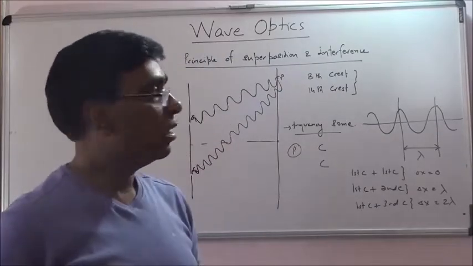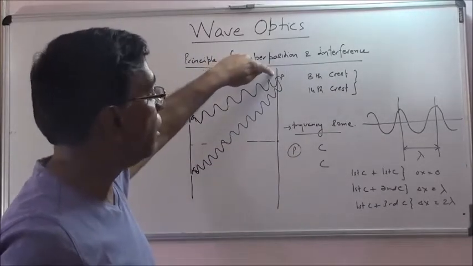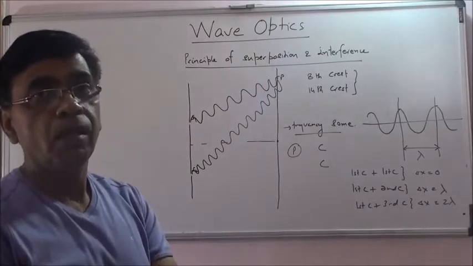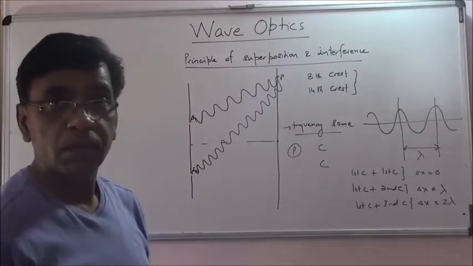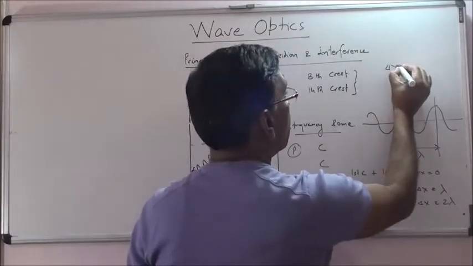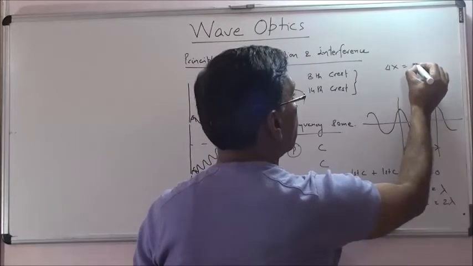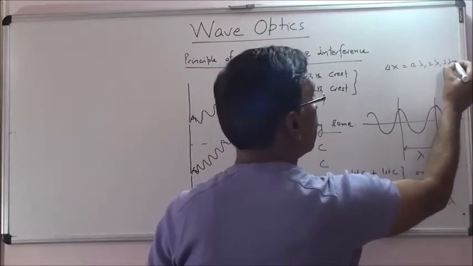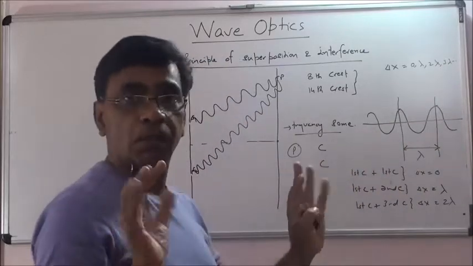So it means I can say that the intensity at P will be large if the path difference is 0, lambda, 2 lambda, 3 lambda, because the order is not important here.